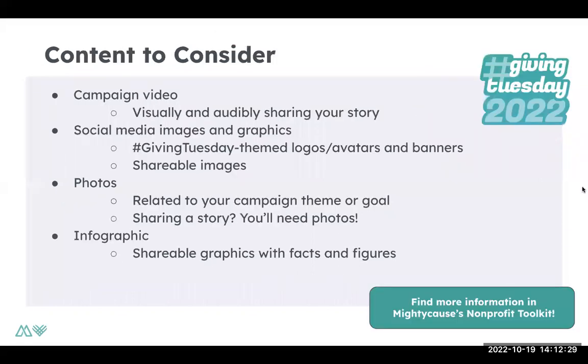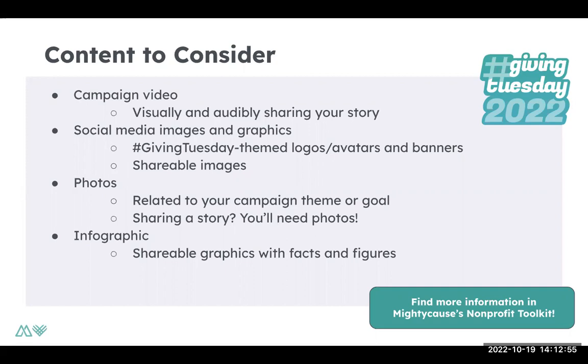So some content to consider, and we are going to jump into more detail in a little bit. One being a campaign video. This is a way to visually and audibly share your story and the impact of your organization. Second being social media images and graphics, so a Giving Tuesday themed logo, banners, and shareable images that you can share with your supporters.